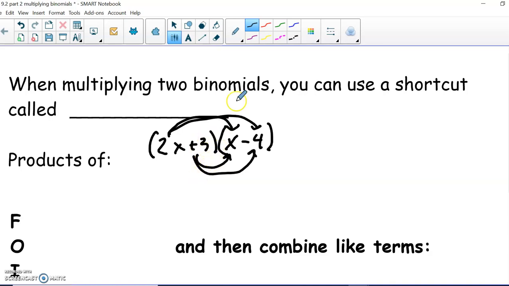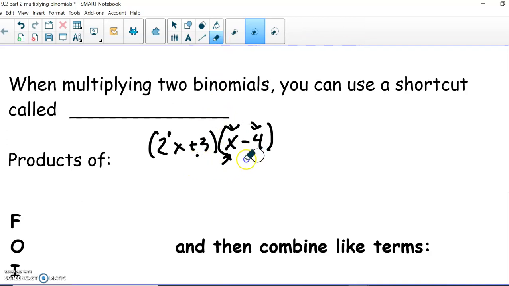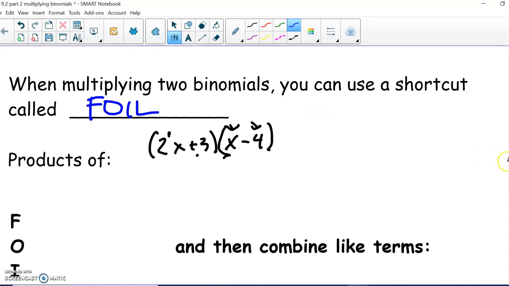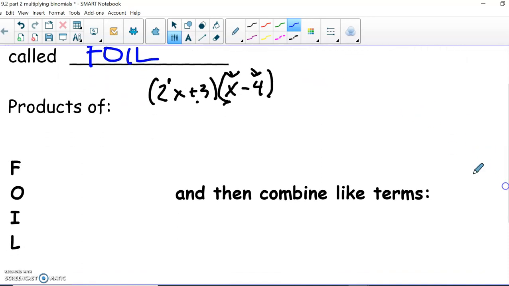There's a shortcut for remembering how to do this, and if you ask your family or your friends, they probably remember. It's called the FOIL method. What the FOIL method stands for, it reminds you to multiply the first terms. So F stands for first. The O stands for the outside.